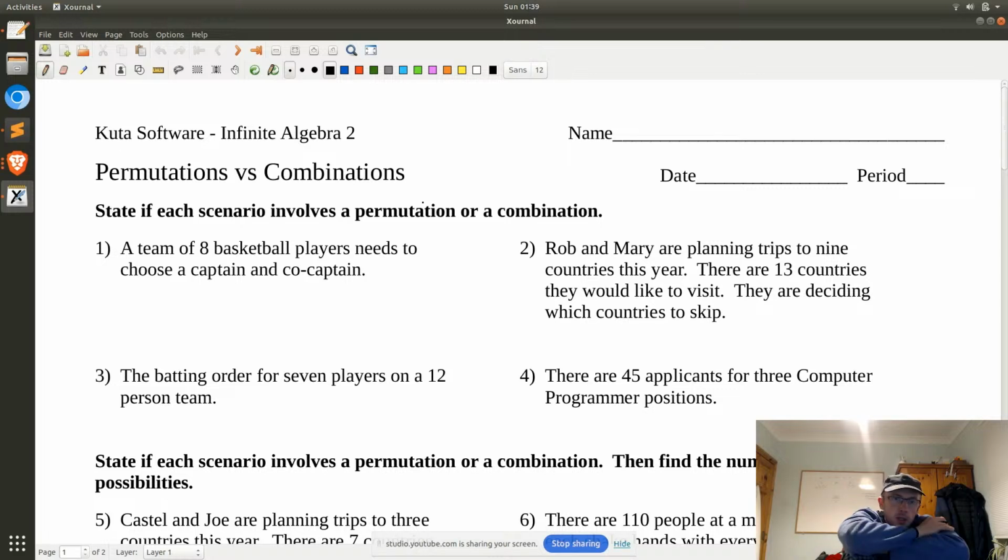State if each scenario involves a permutation or a combination. Oh, this shouldn't take too long. A team of 8 basketball players needs to choose captain and co-captain. Right, combination.